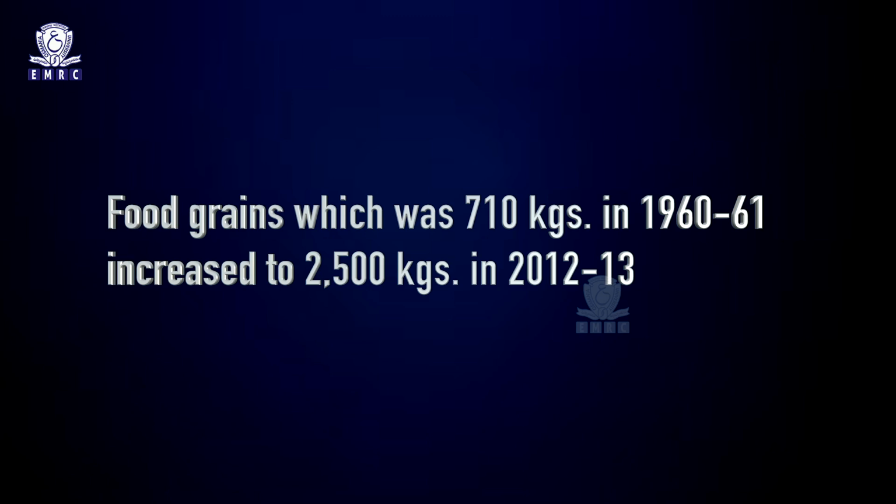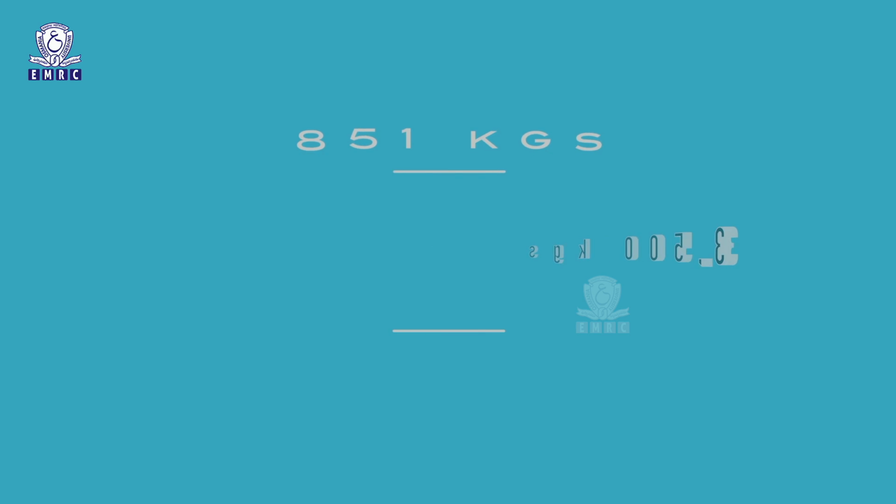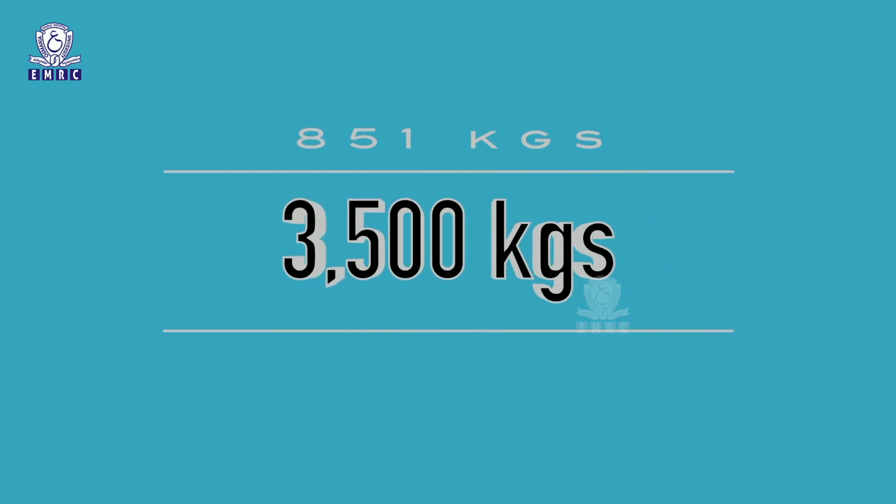The yield per hectare of all food grains, which was 710 kgs in 1960-61, increased to 2,500 kgs in 2012-13. That of wheat rose from 851 kgs to 3,500 kgs over the same period. It is on account of these reasons that wheat has remained the mainstay of the Green Revolution over the years.